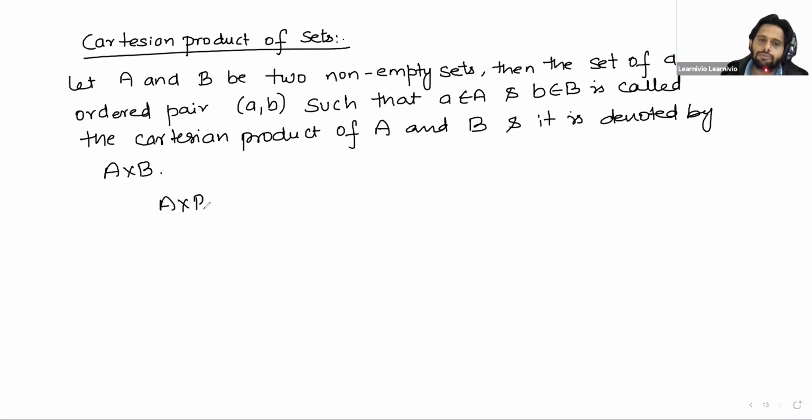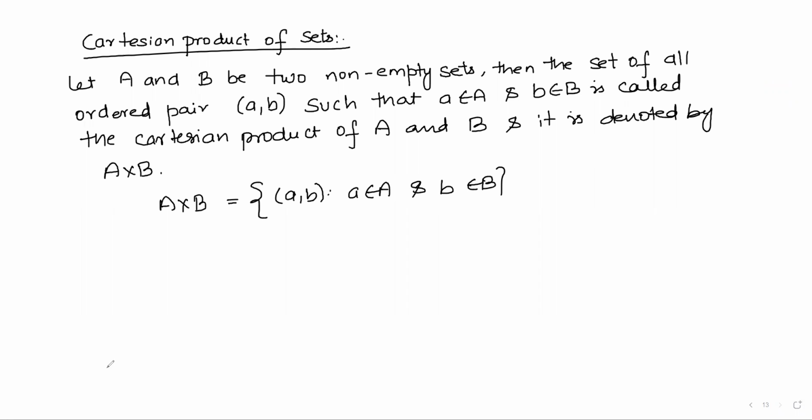So A cross B is what? This is a comma b. What is a? a belongs to A. And what is b? b belongs to B. Okay, Safan, please note this. This is a very simple concept, a simple topic. Please note this, we will take an example.